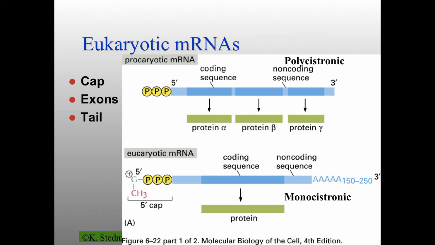The cap will also bind to the initiation proteins for the eukaryotic translation machinery. So your image is titled Eukaryotic mRNA and your slide is titled Eukaryotic mRNA? Yeah. So this is concentrated on the eukaryotic mRNAs, the cap, exons and tail, because the prokaryotic mRNAs do not have caps, exons or tails.